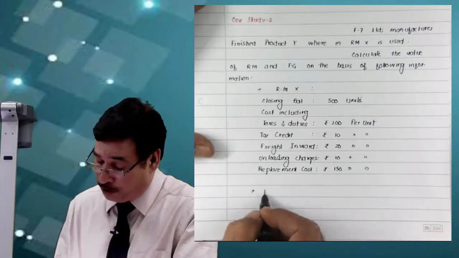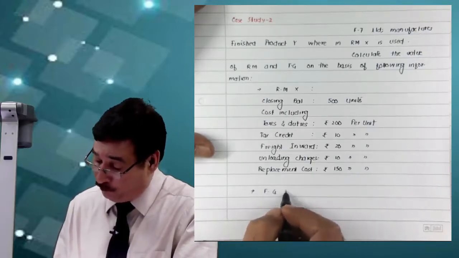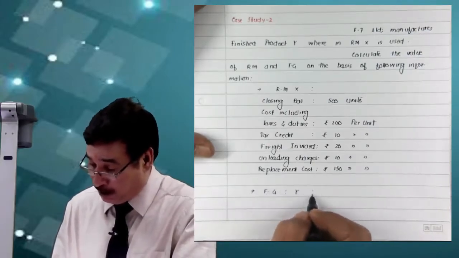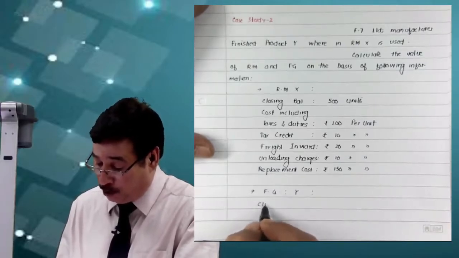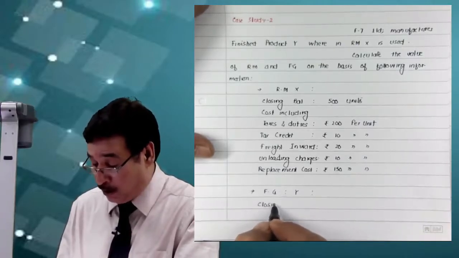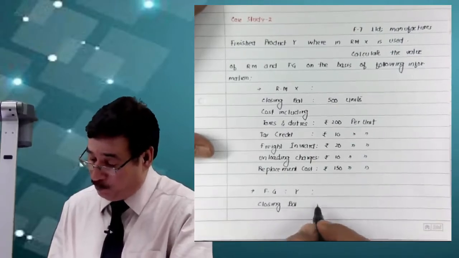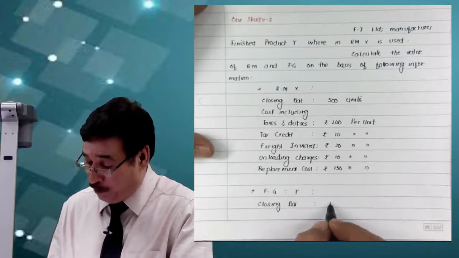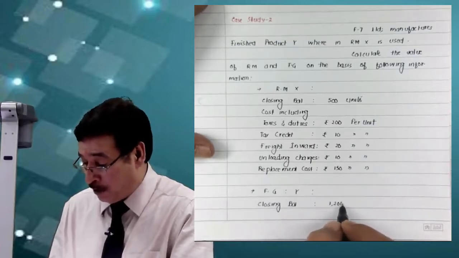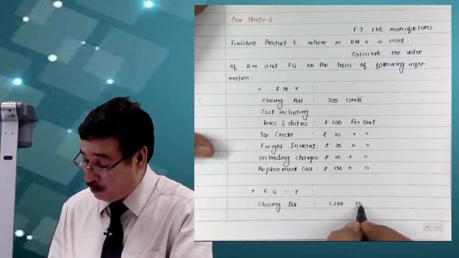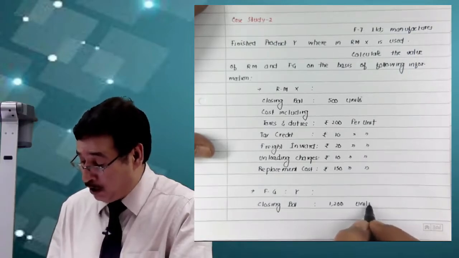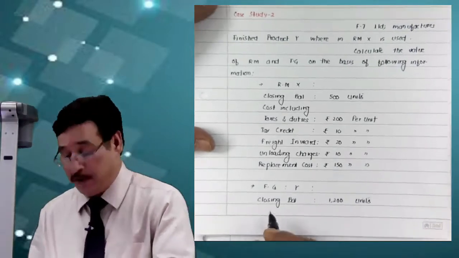And finished goods. Information with respect to finished goods is like this. Same information almost. Closing balance. Now closing balance given to you is, let's say, 1,200 units, correct?